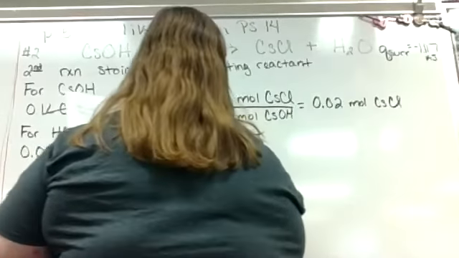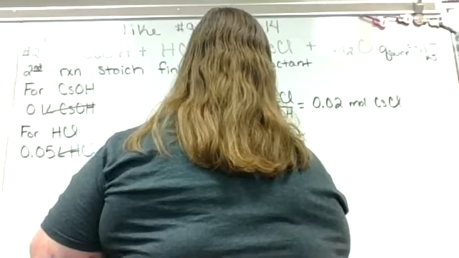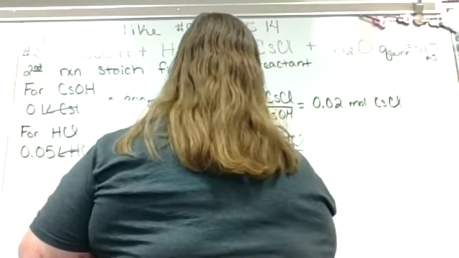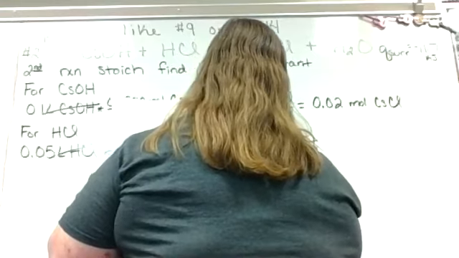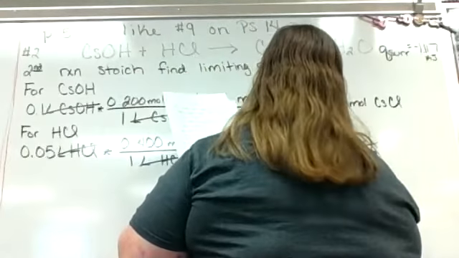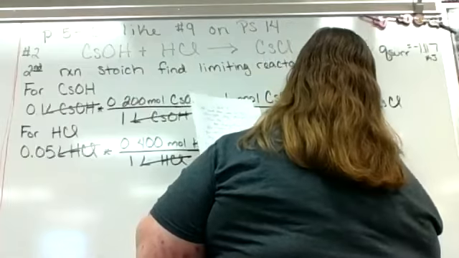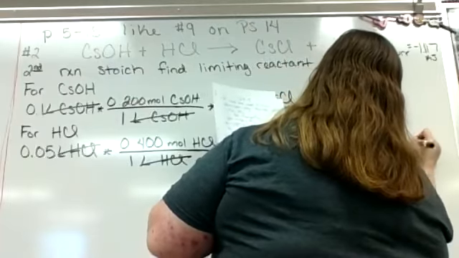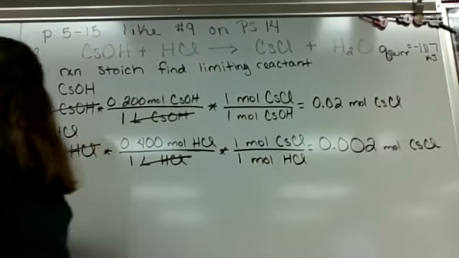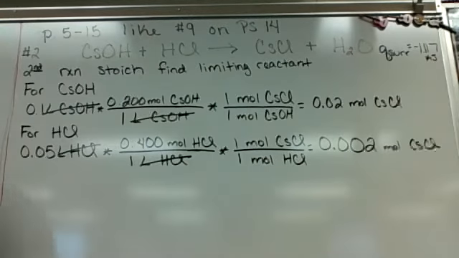And then for completeness, 1 mole of CsCl per 1 mole of HCl. And that gives us 0.002 moles CsCl. So which reactant was the limiting reactant? The HCl was limiting.